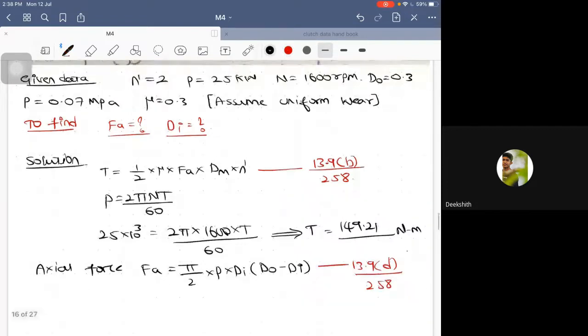From this, substitute whatever you know. That is equal to pi by 2 cross, you know the value of P is pressure, it is 0.07, cross di, you know the value of d naught. Keep the d naught as it is, d naught minus di.